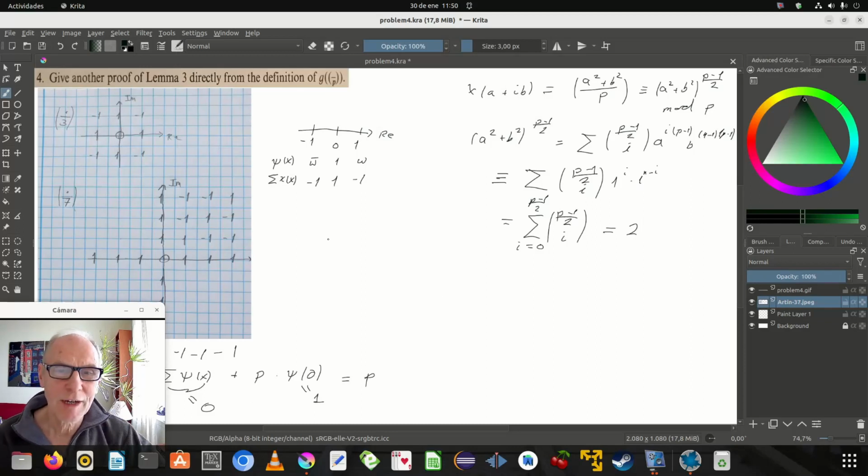So let's make an example. n equals 1, 2, 3, 2, that's 1, 1, 3, that's 1, 3, 6, 4, 1, 4, 6, 4, 1.